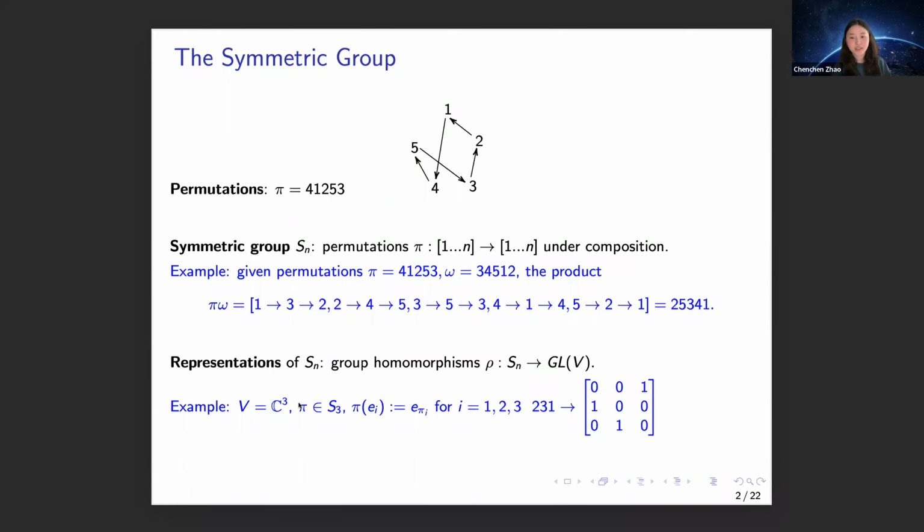So if we choose the space to be C cubed, the permutation matrices are representations of the symmetric group. So 2, 3, 1 will be sent to E2, E3, and E1.